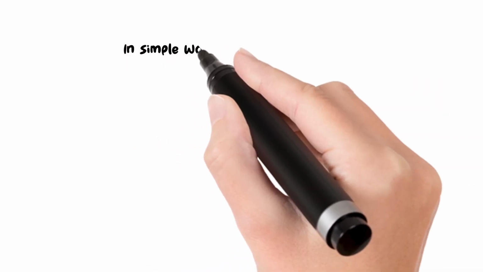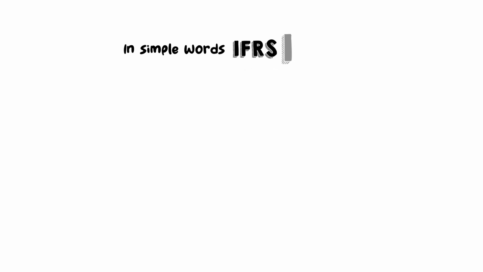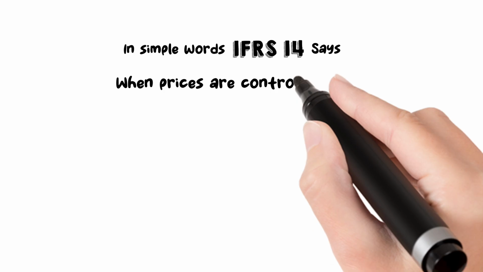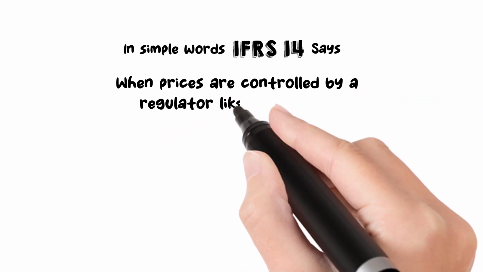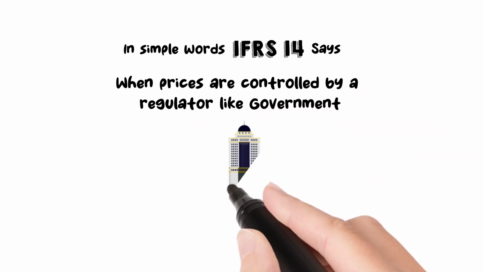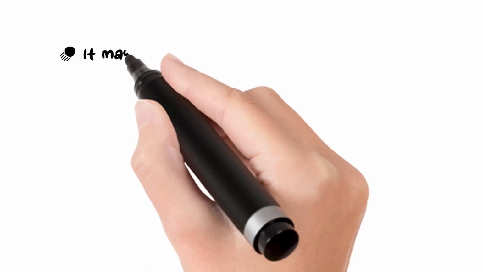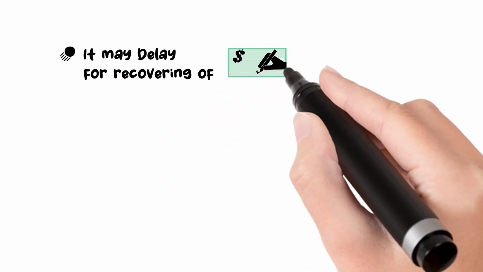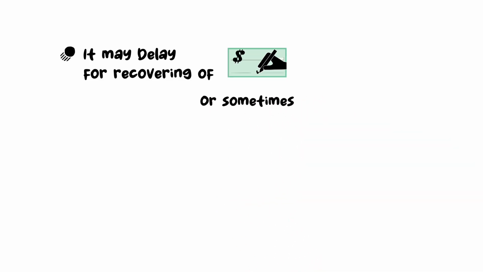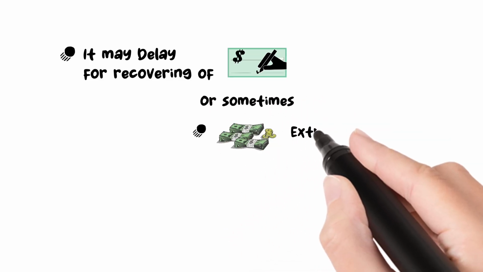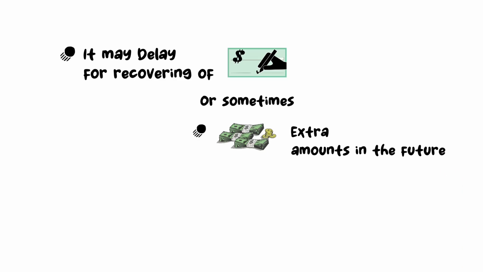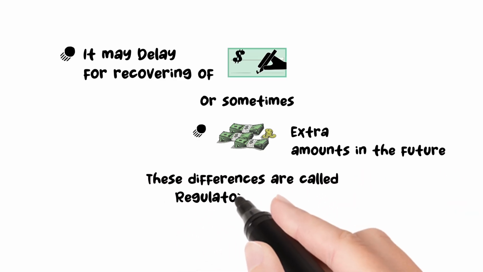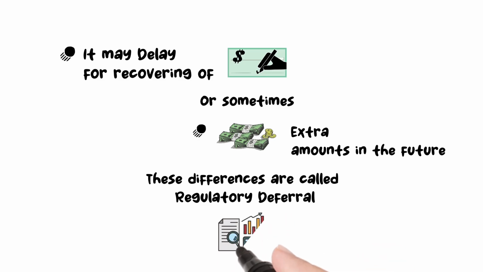In simple words, IFRS 14 says when prices are controlled by a regulator like the government, companies may delay recovering costs, or sometimes recover extra amounts in the future. These differences are called regulatory deferral accounts.